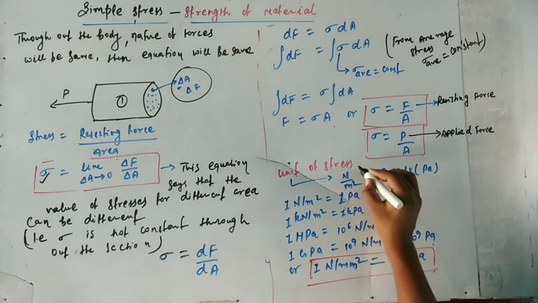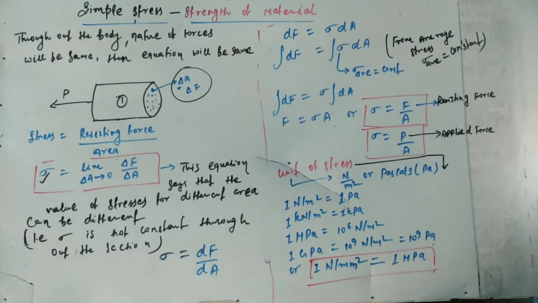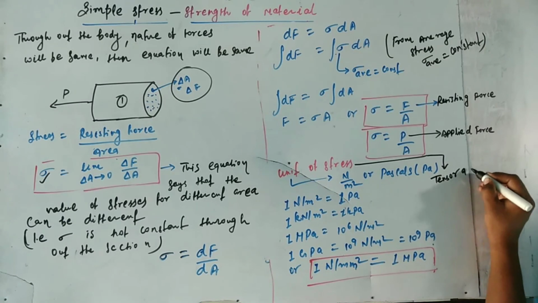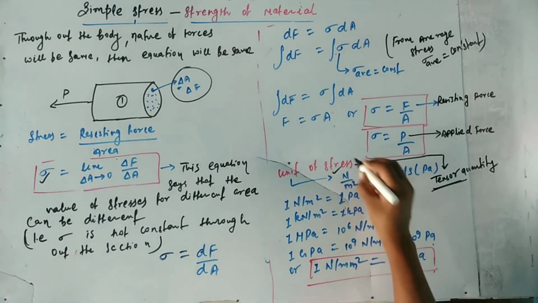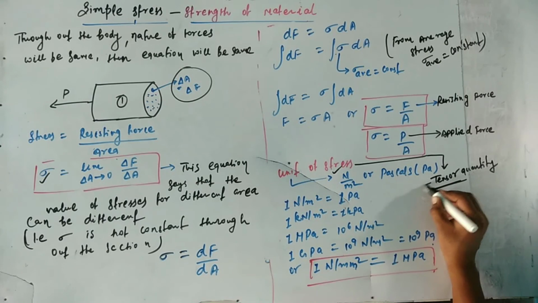Now we will see what type of quantity stress is. Stress is not a scalar or a vector. It is a tensor quantity, because it does not follow the vector law of addition.